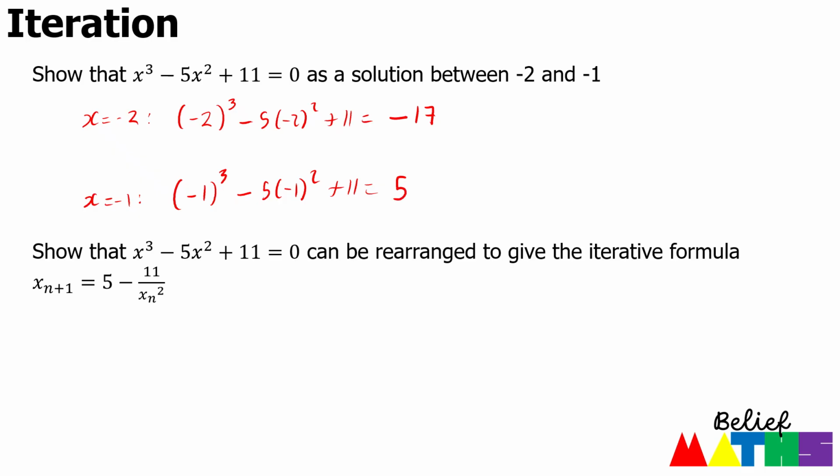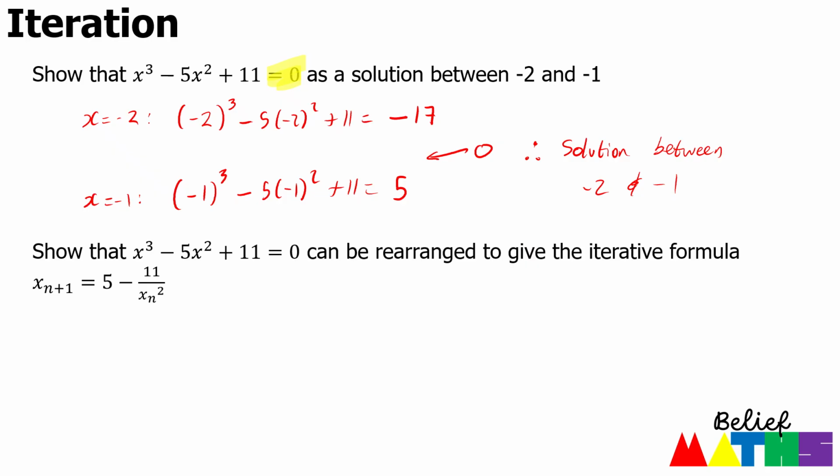Now it asked us to show that it has a solution between those two, and it said is equal to 0. So because 0 is in between those two values, therefore there is a solution between -2 and -1, because 0 lies between those values of -17 and +5.